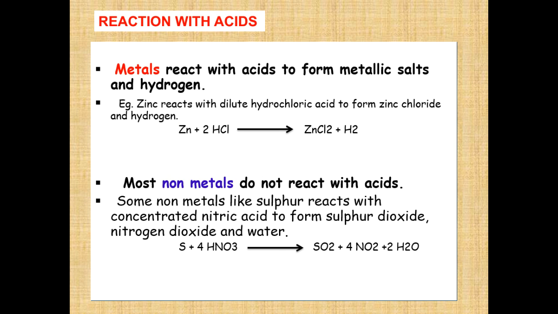When metals react with acids, they form metallic salts and hydrogen. Example: zinc reacts with dilute hydrochloric acid to form zinc chloride and hydrogen. Most non-metals do not react with acids.